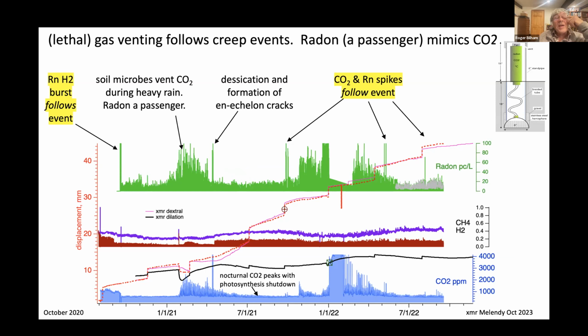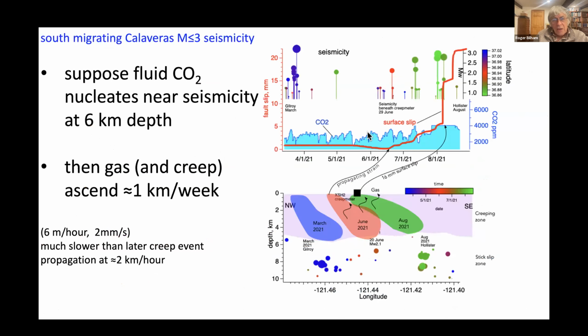These are desiccation cracks due to the drying out of the soils in the fault zone. So one possible thing that's happening is that when desiccation cracks appear, they penetrate down into the subsurface and allow gases to vent. I'm not going to show any more of these records, but I think they're important because they may well tell us about what's going on at depth.